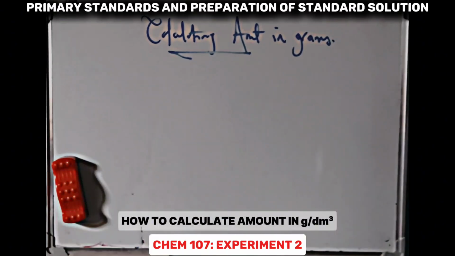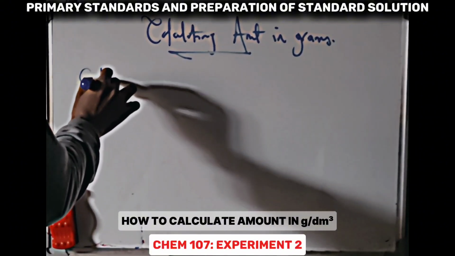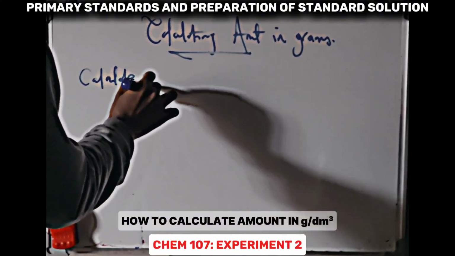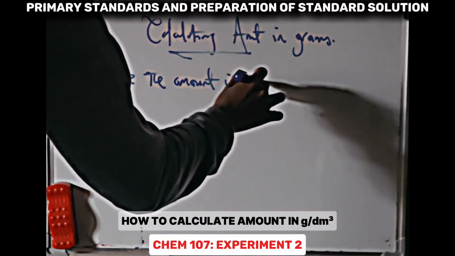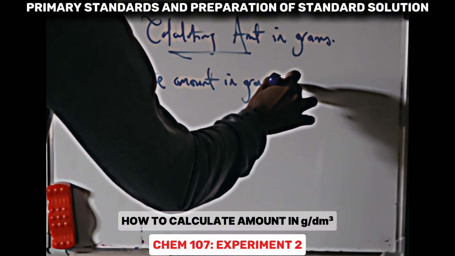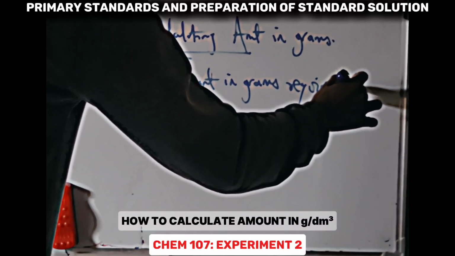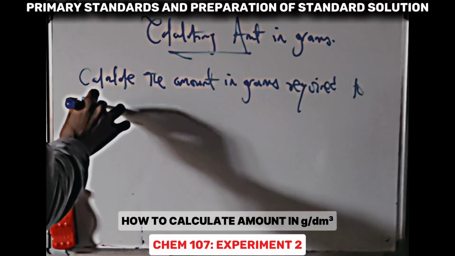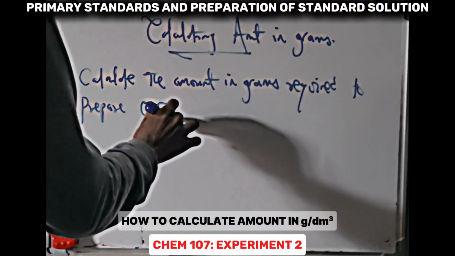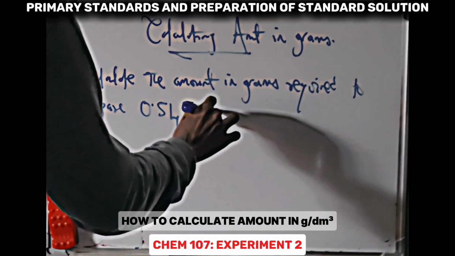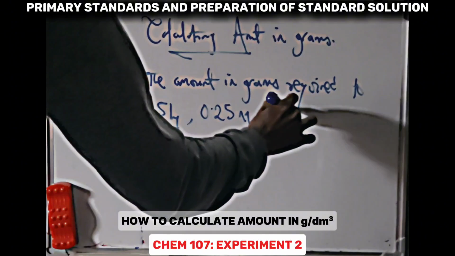So we are going to look at an example. Let's say you are asked to calculate the amount in grams required to prepare, let's say, 0.5 liters of 0.25 molar sodium hydroxide.